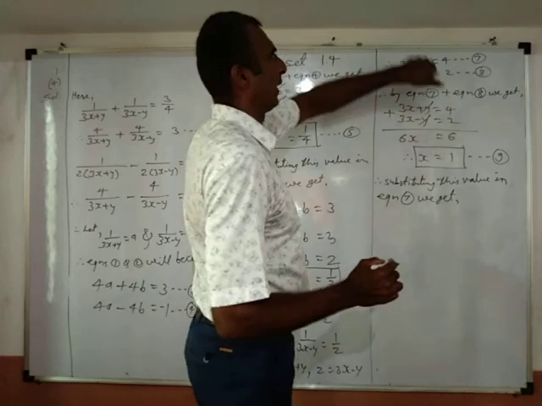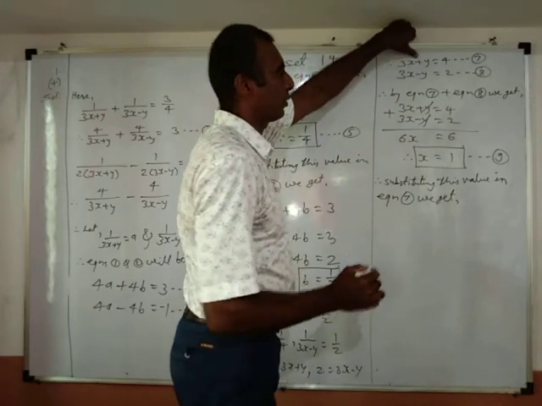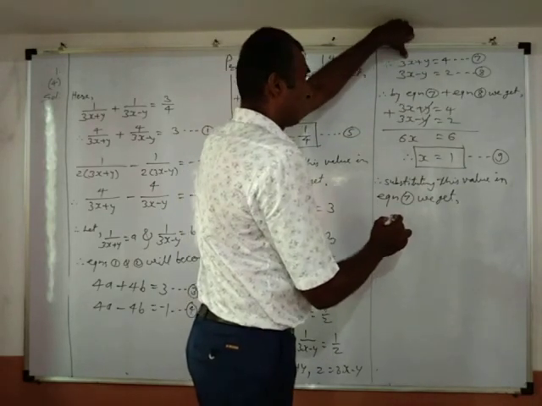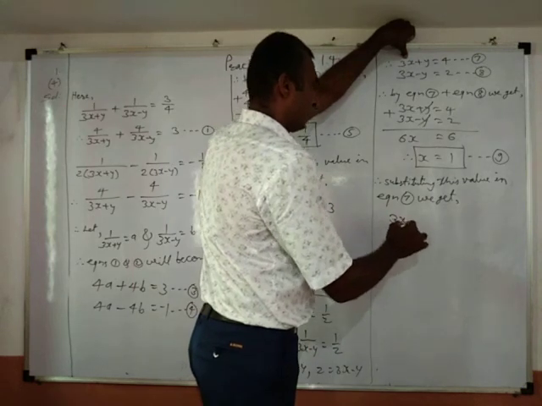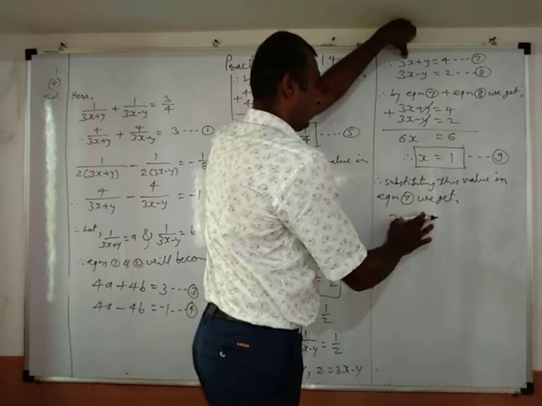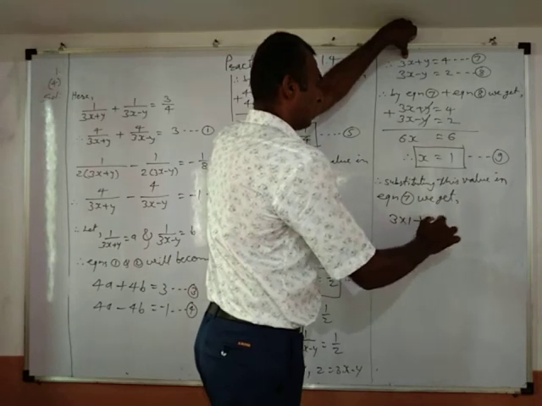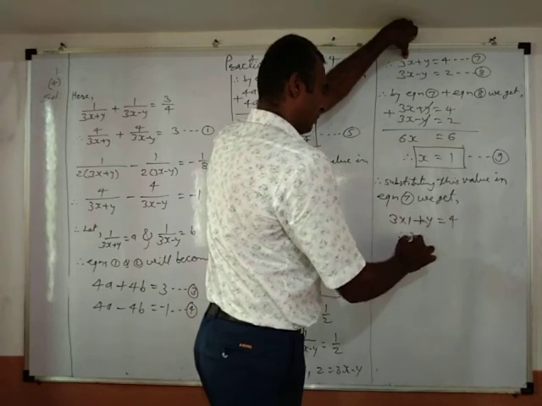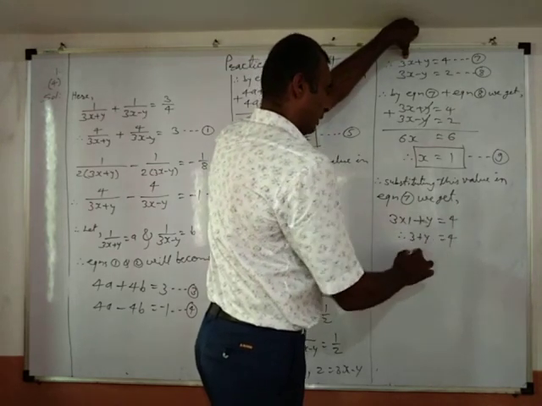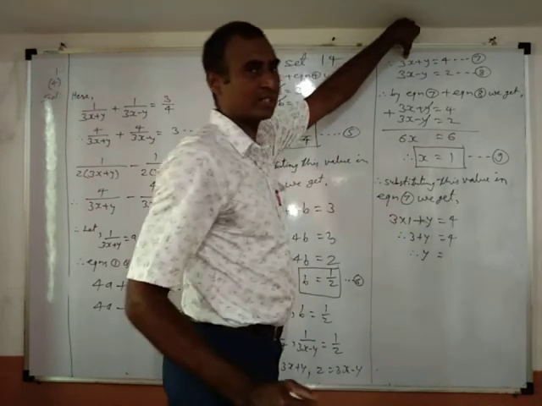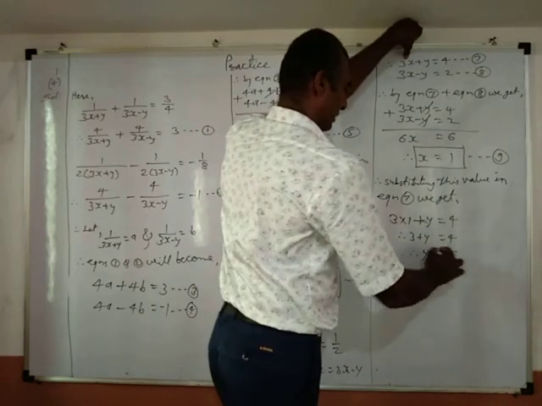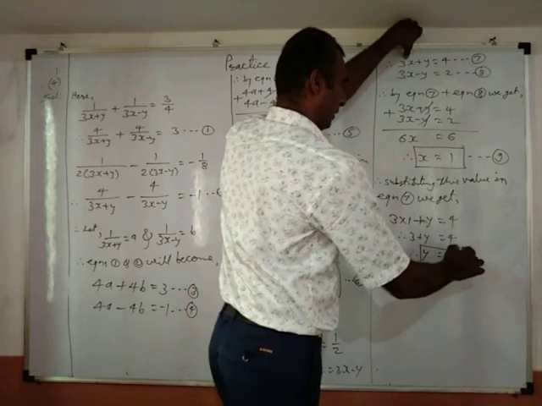x equal to 1. Equation 7 is 3x plus y equal to 4. Yes, that's why it will become 3 into x, and 3 into x means 3 into 1. 3 into 1 plus y equal to 4. Therefore 3 plus y equal to 4. Therefore y equals 4 minus 3. And 4 minus 3, nothing but 1.